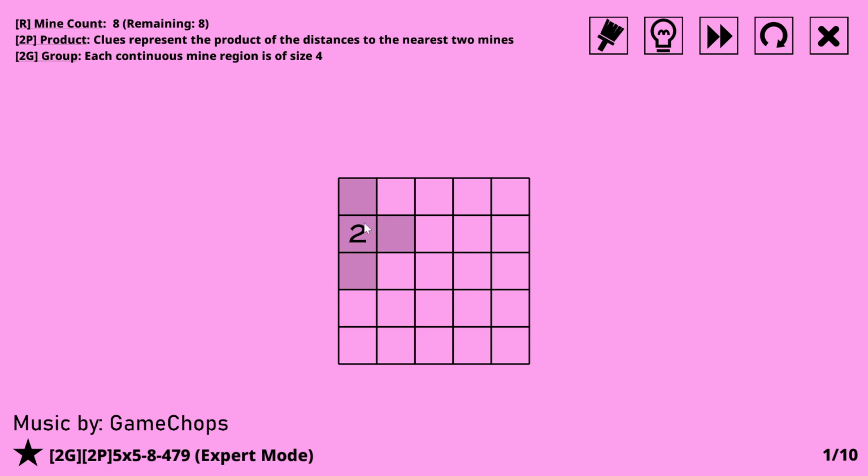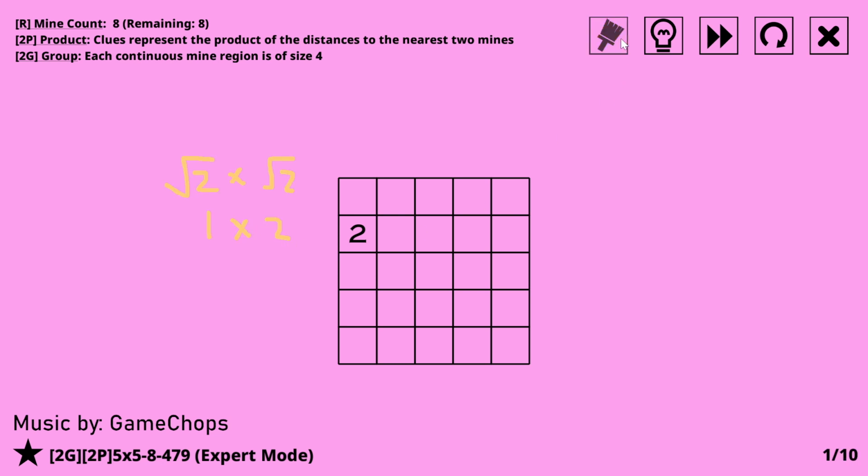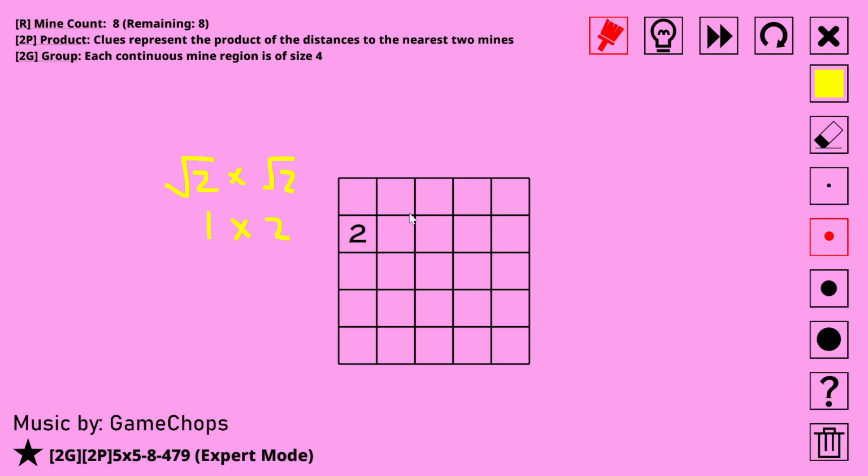So let's look at this 2. I sort of forgot how the mines work properly, but 2 over here is either root 2 times root 2, or it's 1 times 2. Now, if it's 1 times 2, that implies that anything in the distance of root 2 away cannot be mines. Because we need a mine, the second closest mine is 2 away.